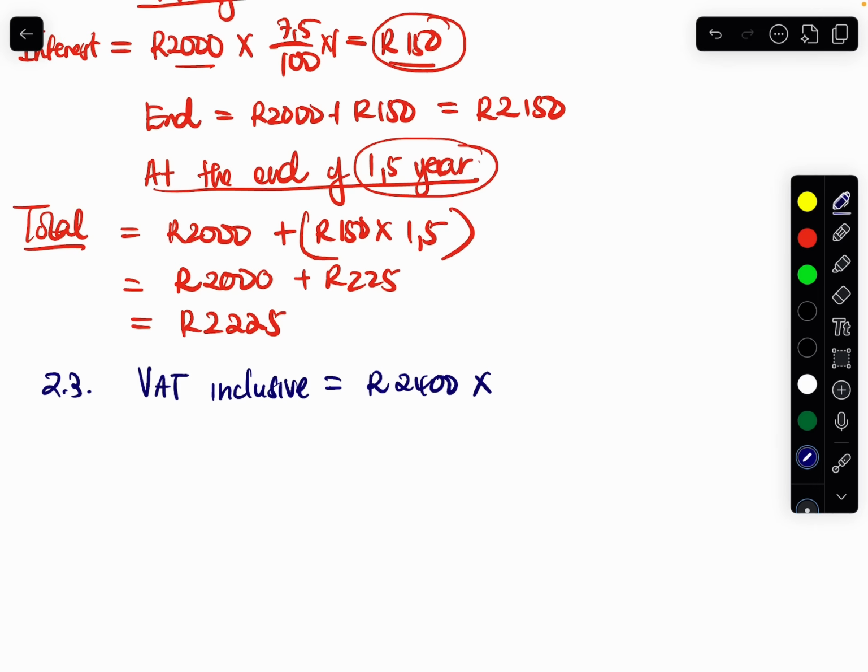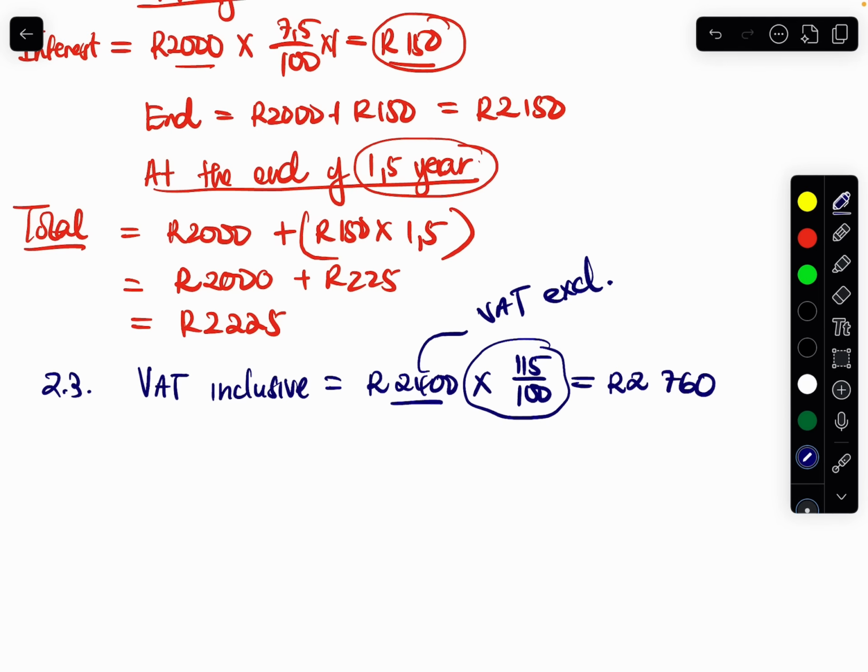When we add the 15%, you say 115 over 100, which gives the total amount with the VAT: 2,760. Remember, guys, this one was VAT exclusive, it didn't have VAT, so by multiplying by this, you are adding the VAT.